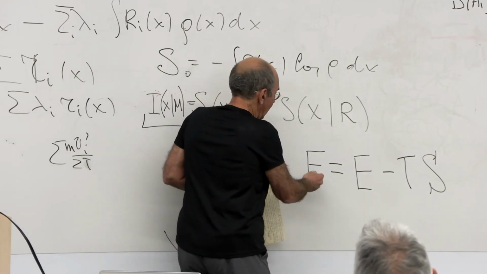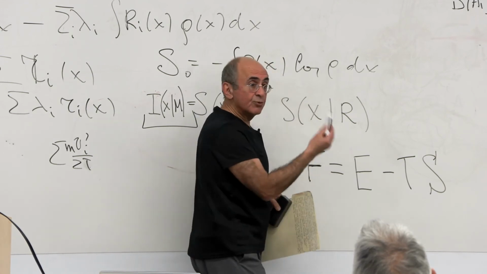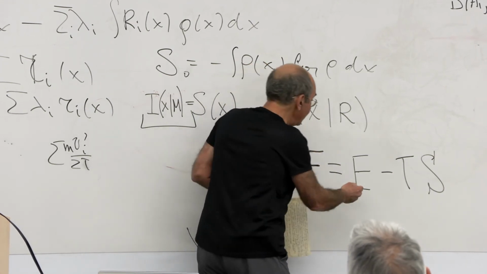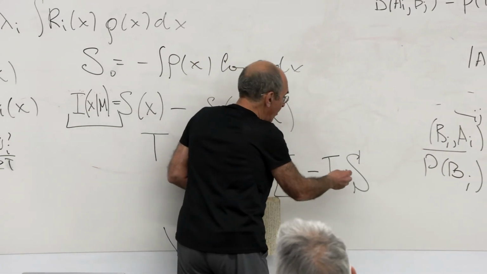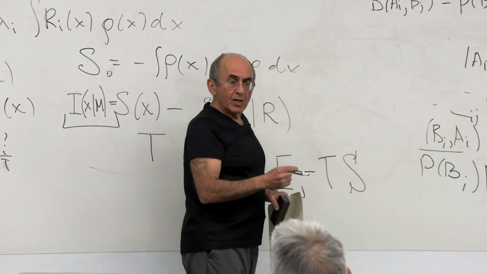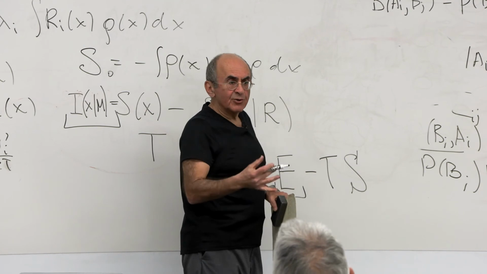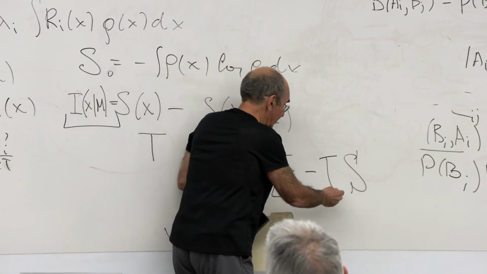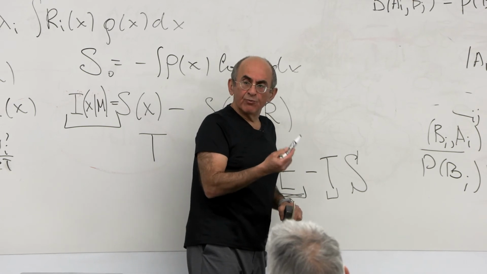So it tells me that the free energy I am free to use to do work is not the energy which is in my system. It's energy minus T times entropy. In the 19th century, Helmholtz argued that to keep a system at a finite temperature, I cannot use all its energy to do work.